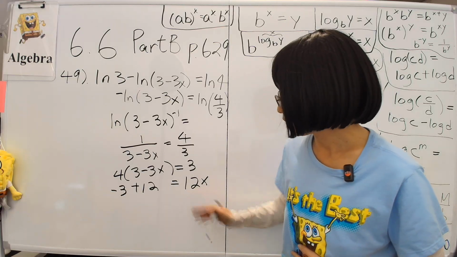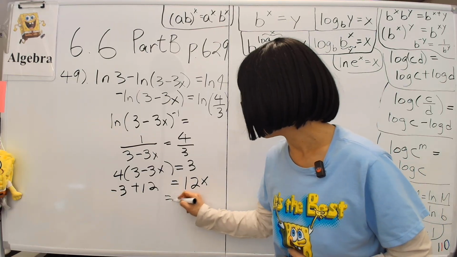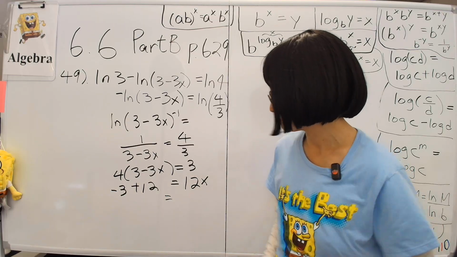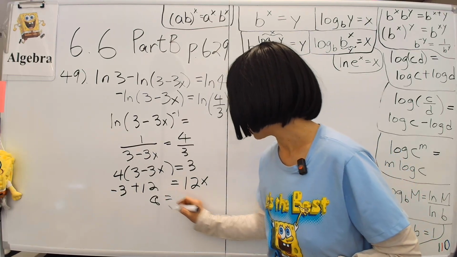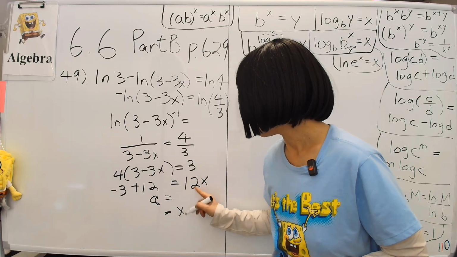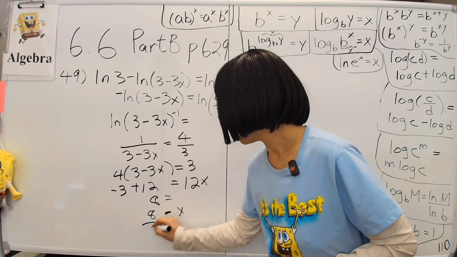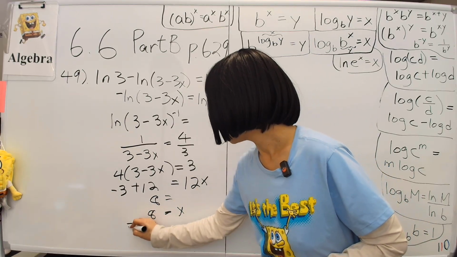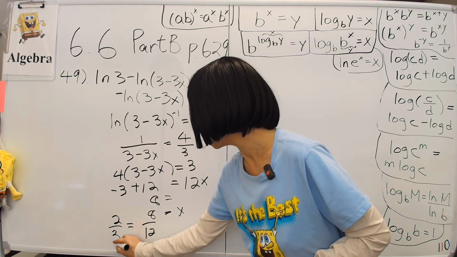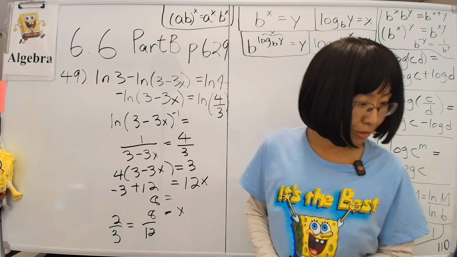Anyway, so this side is then equal to 12 minus 3, which is 8, right? So 8, then that gives us x equal to 8 divided by 12, which is 2 over 3, once you cancel out the 4 in it. So that should be the right answer.